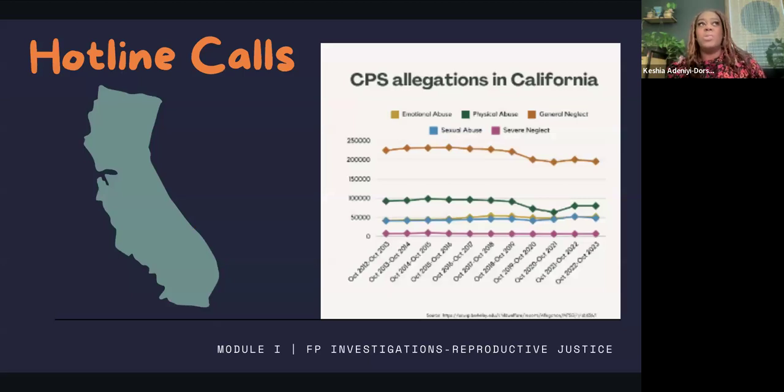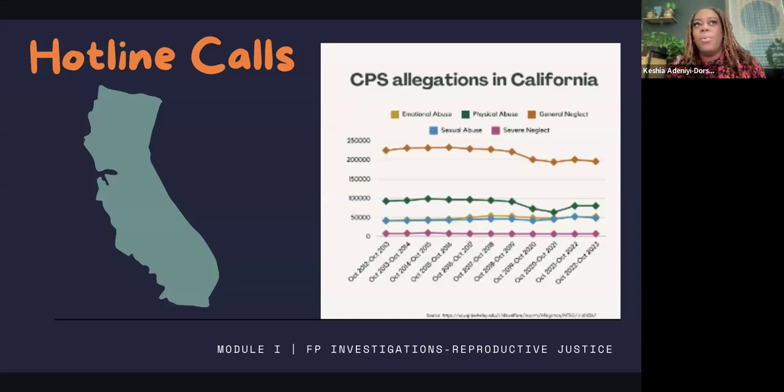Also, by way of visual, and this is California data, again, taken from the University of California, Berkeley, California does have a definition for neglect. And California also separates neglect between general neglect and severe neglect, right? So for those of you who are watching this presentation, who are like, well, I could see some circumstances where somebody is severely neglecting their children, and then that might be a reason to justify taking the children.